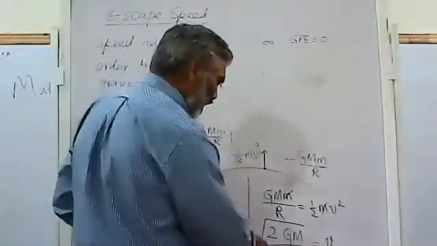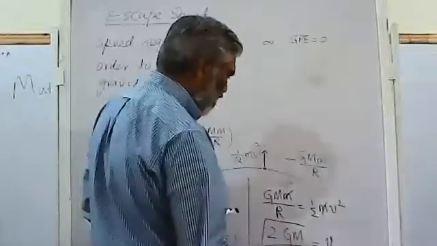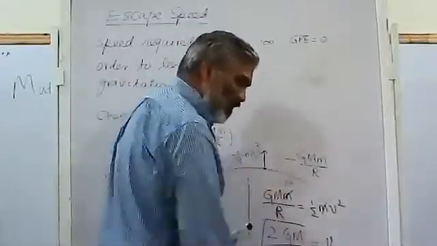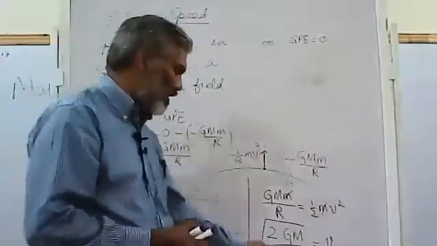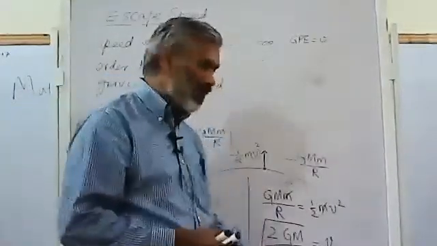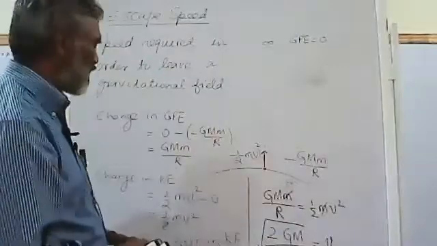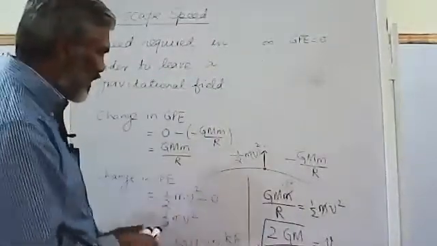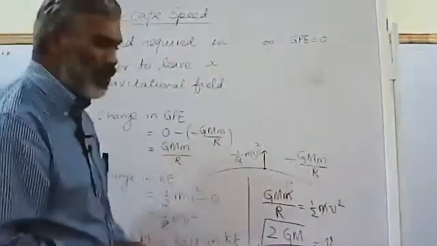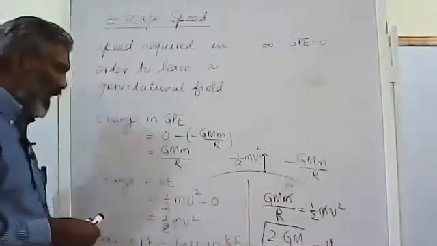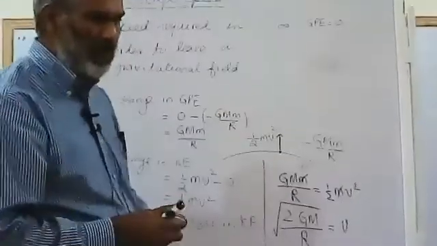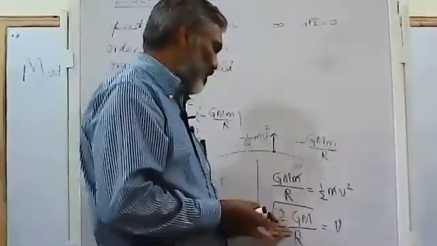If I know the value of G, which is given in the data booklet, if I know the mass of the earth, which is often given in the questions, and I know the radius of the earth, which is mostly known, if you want to calculate the escape speed using these values, it comes out to be approximately 8 kilometer per second, probably its value that you will be able to calculate.